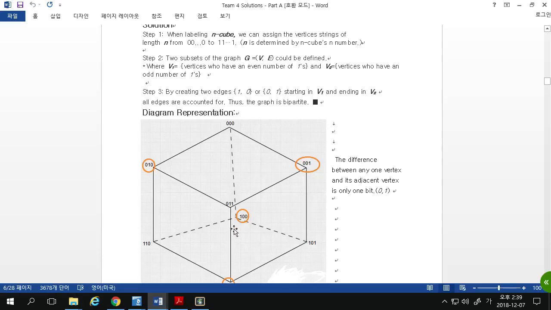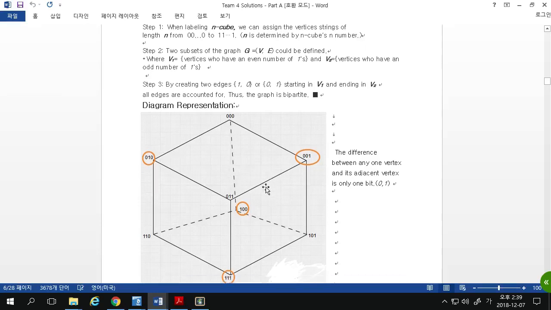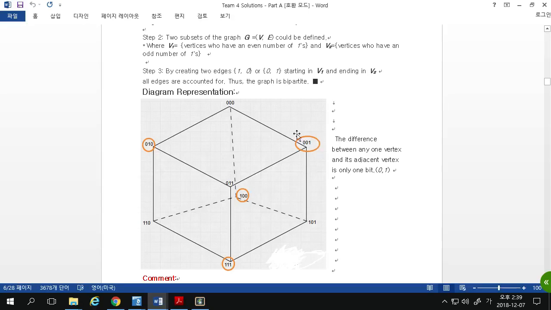And 0, 0, 0 and 0, 1, 1 also have 1 bit difference, and so on. So we could actually define 2 sets: the points which have an even number of ones, and the points which have an odd number of ones. The odd ones are marked here, and these are the even ones. The odd are not connected to the odd, but the odd are connected to the even. So that's why we have a bipartite graph.